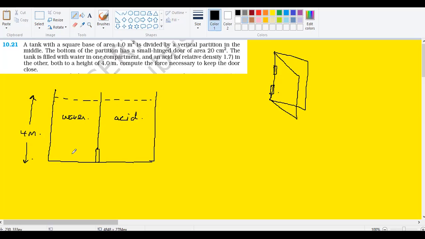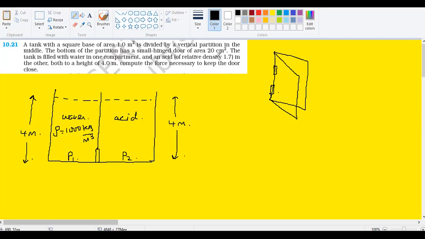Because of this water column, there will be a pressure here. Because of this acid, there will be a pressure here. So this side also they said the same 4 meters. This side, rho is 1000 kg per meter cube because water.